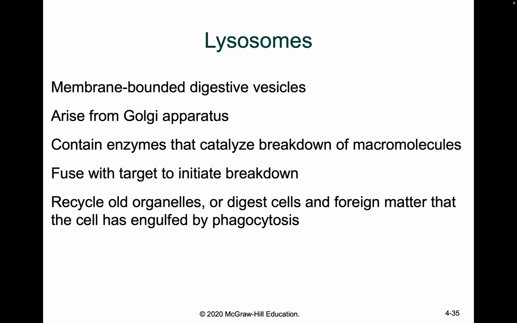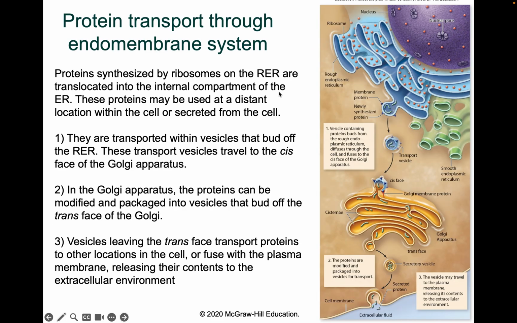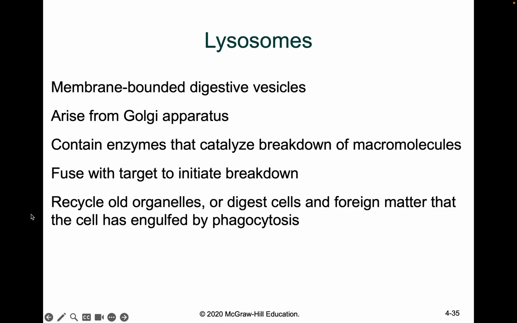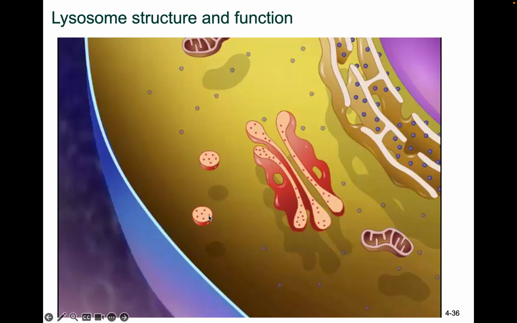The best thing to do is keep them inside a membrane-bound digestive vesicle. Lysosomes have two very important functions: they recycle organelles and they digest foreign matter, which is done through phagocytosis. We'll talk about that right now.